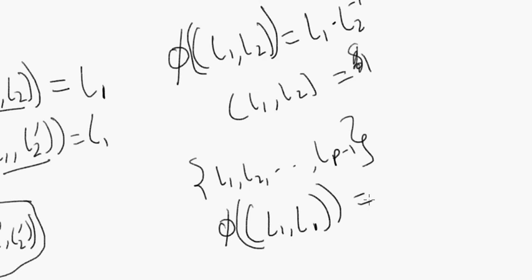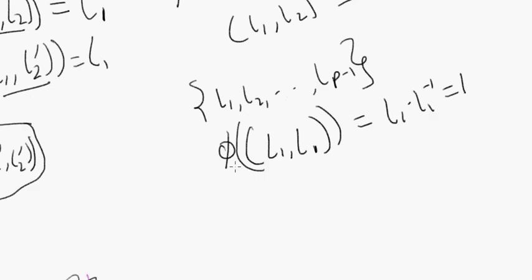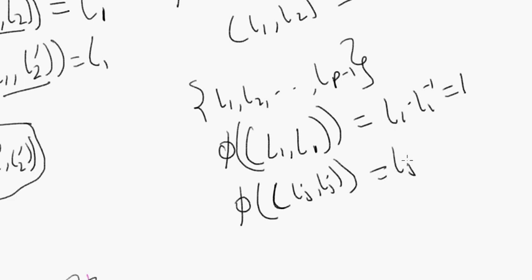What's that going to give us? Isn't that the same as L1 times L1 inverse? But what's L1 times L1 inverse? Isn't that the identity? How about for any element of our group here, for any L sub j? Isn't this still going to give us L sub j times L sub j inverse, which is again the identity, right?